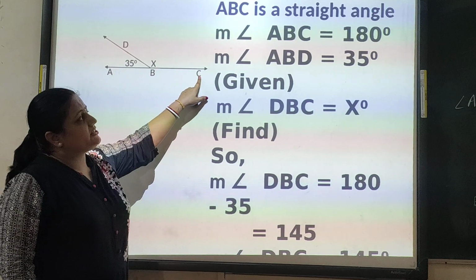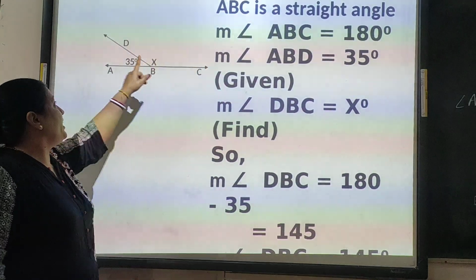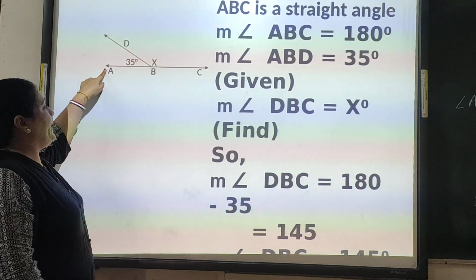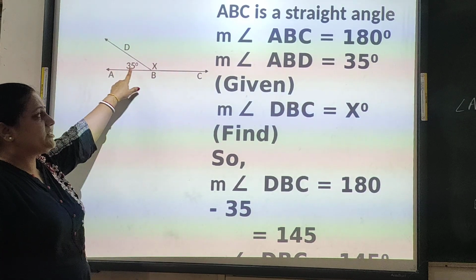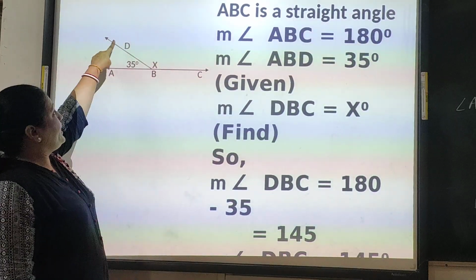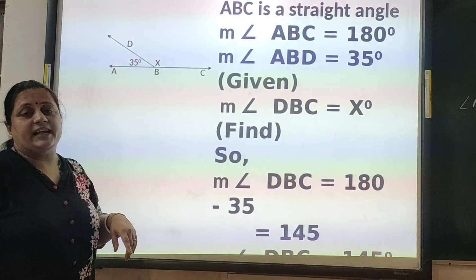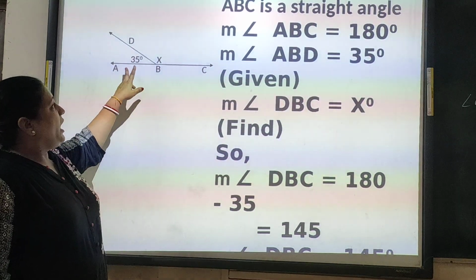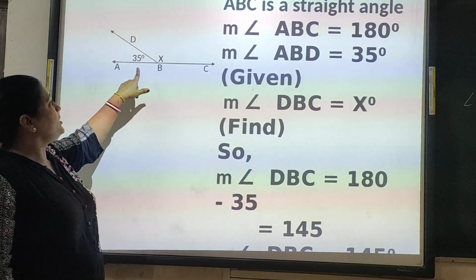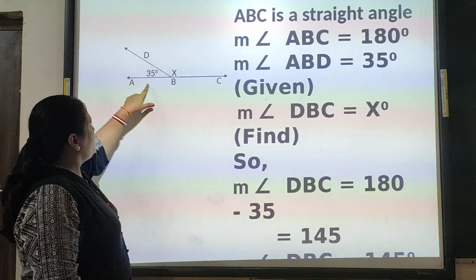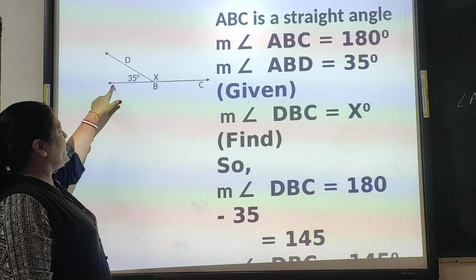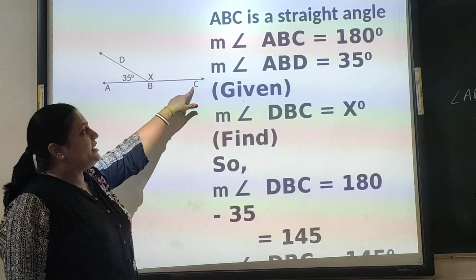Angle ABC, it is a straight angle, its measure is 180 degree. Angle DBA, it is an acute angle, its measure is 35 degree, it is given. And angle DBC, it is an obtuse angle whose measure is given x. And that x we have to find out. Again, how to find out? Same procedure. Measure of angle ABC minus measure of angle DBA is equal to measure of angle DBC.